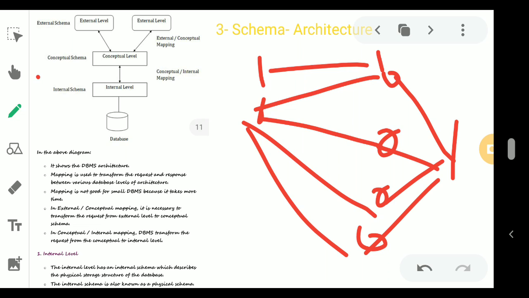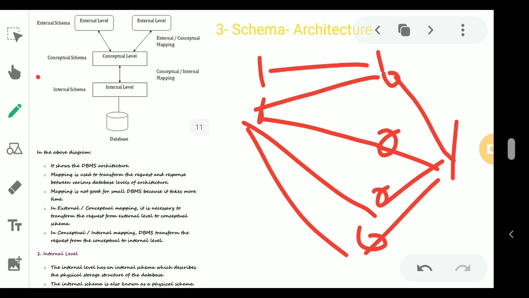Take the example of a switchboard. To switch on the fan or the light, we only need to press the switch. Behind the switchboard, what mechanism is going on, do we need to know? No, we don't bother. Whenever we want the fan, we just switch it on.